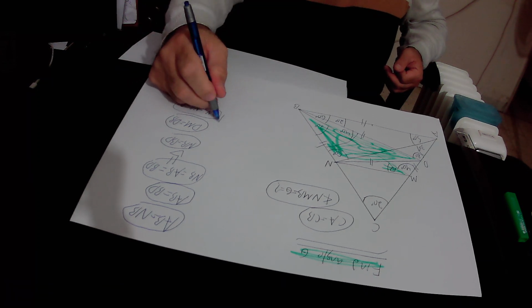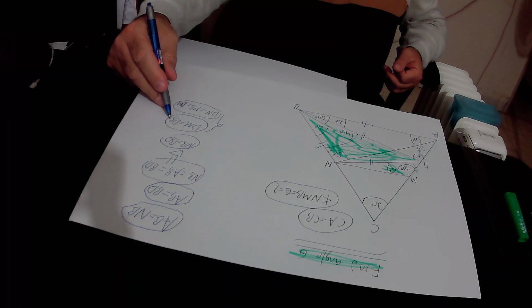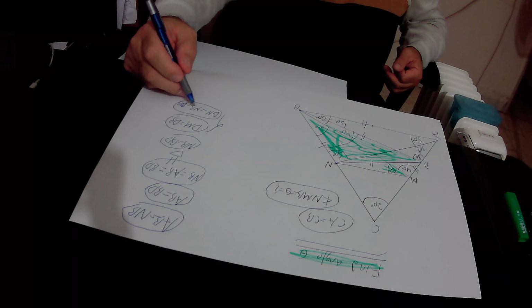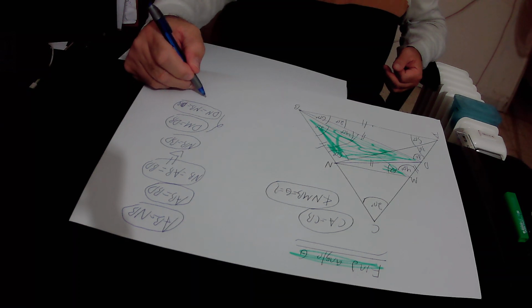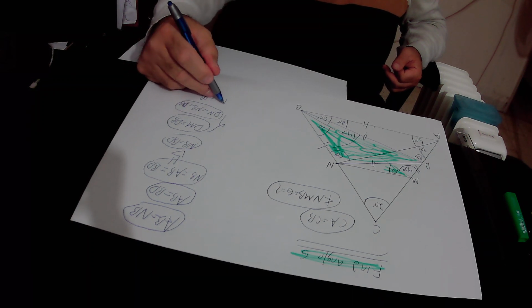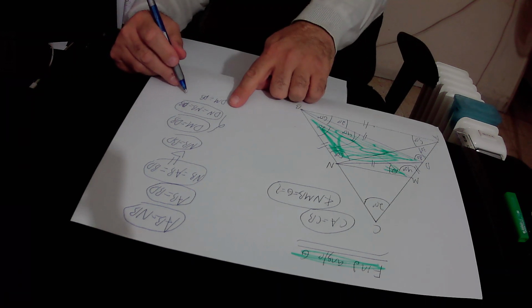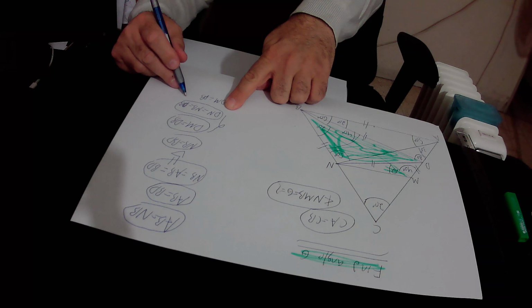So we focus on those two equations. For one side, DB equals DM. But from the other side, from this equation, we derive that DB also equals DN.